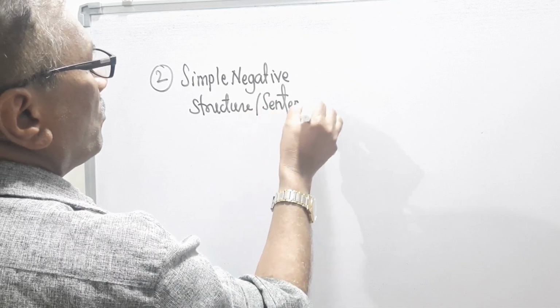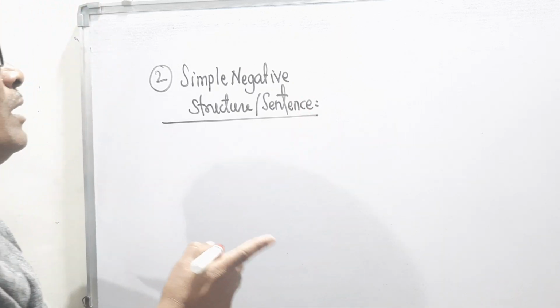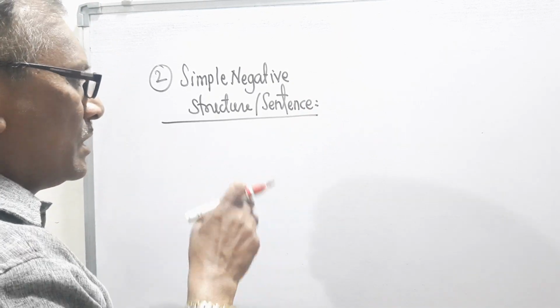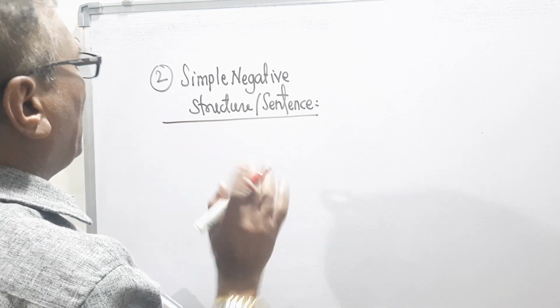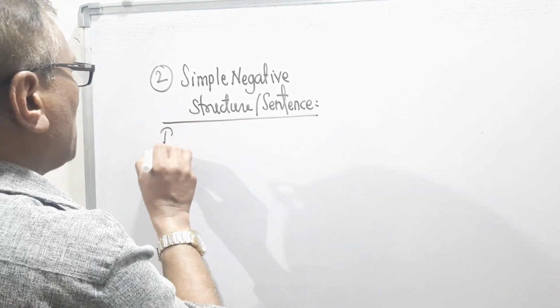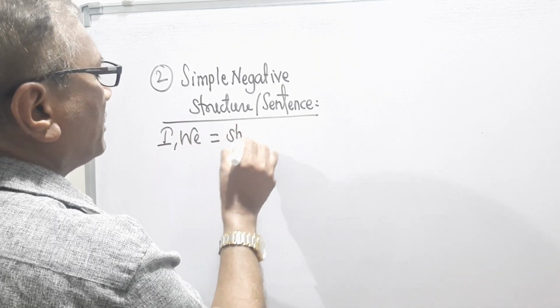Remember, now we are discussing the simple negative structure, that is the sentence. Remember here, if the subjects are I, we, then we should say shall have.